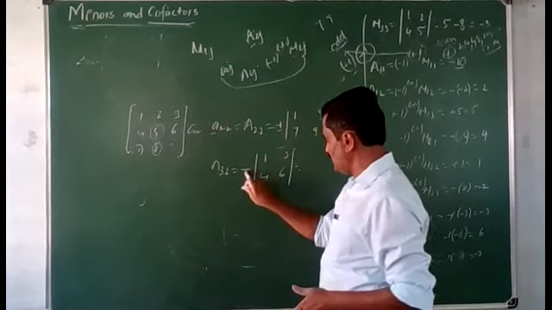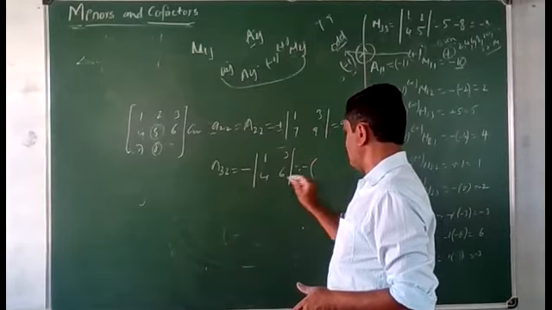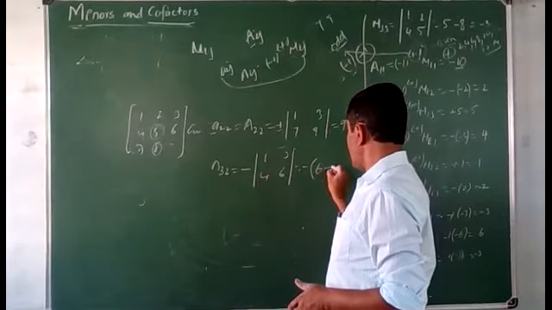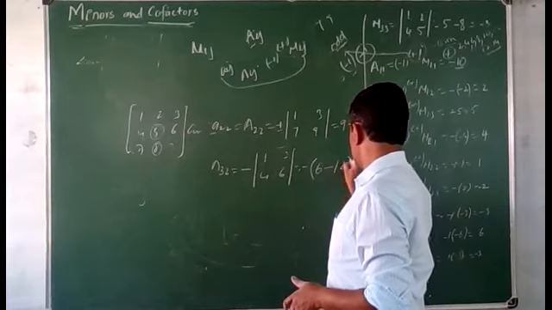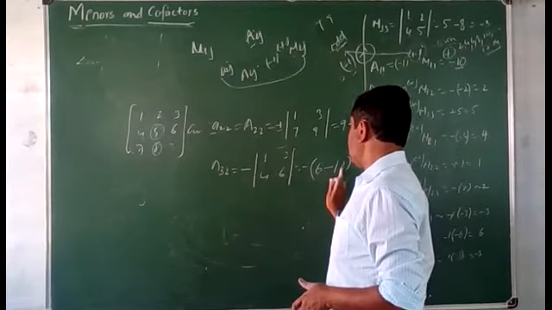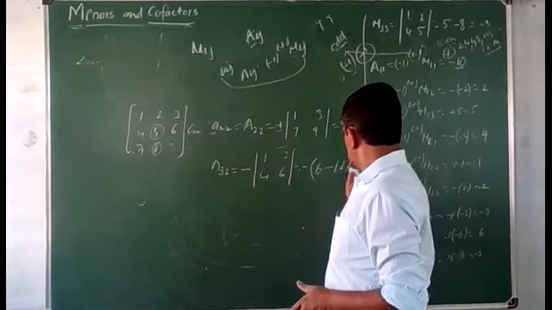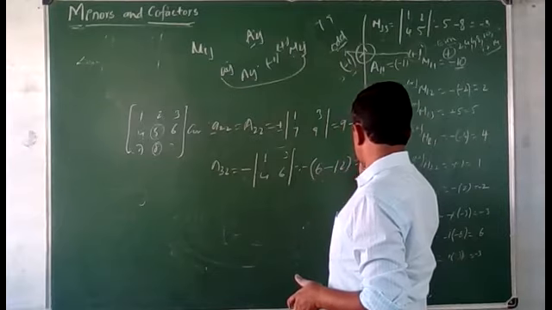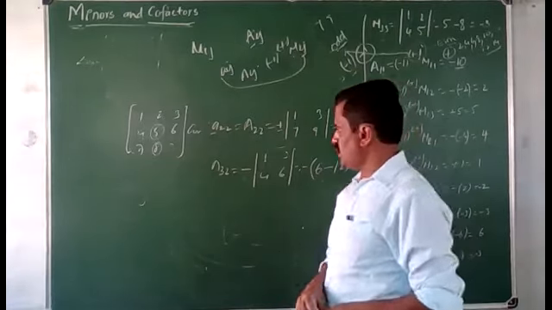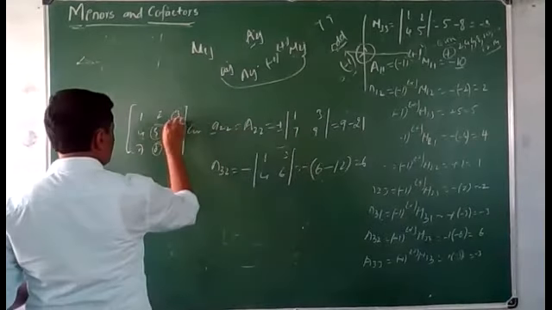It equals minus of 1 into 6 minus 4 into 3, that is 12. 6 minus 12 gives minus 6. So minus 6 into minus gives plus 6.